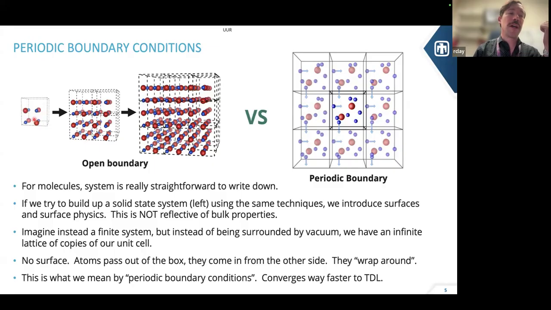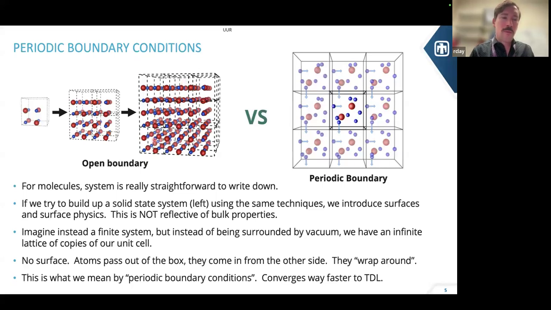Well, then I can just multiply this 2 by 2 by 2. And we have our little tiny microcrystal over here, and it's surrounded by vacuum. And I can keep going up, so on and so forth, until I run out of steam. And eventually I'll hopefully have something that will be representative of a real material. Incidentally, this is how nature works because nothing is infinite. So your glass of water actually has boundaries on it.